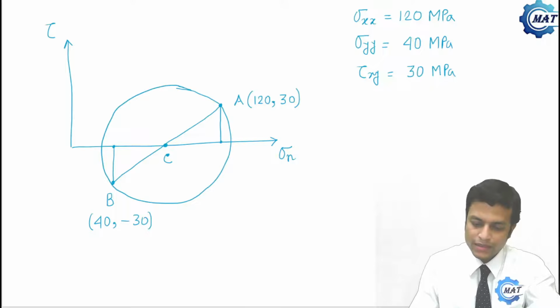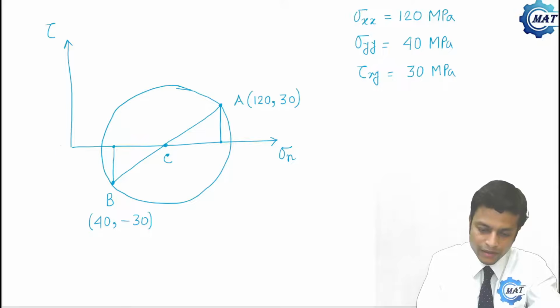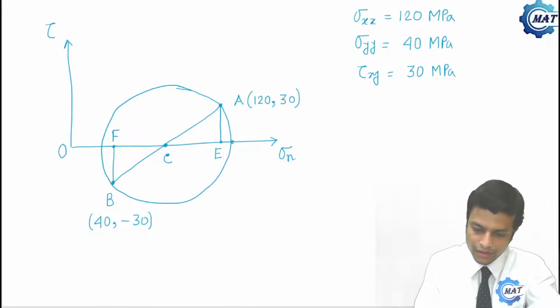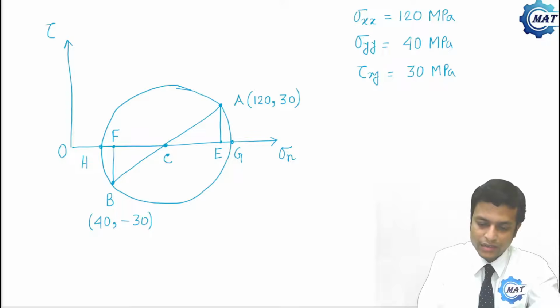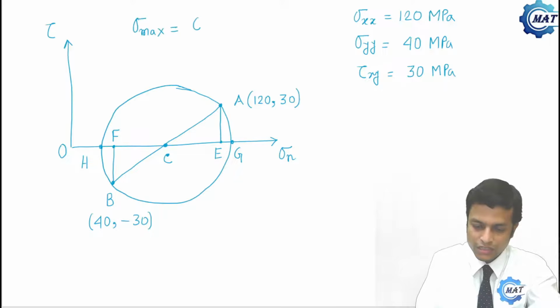Now which plane is the principal plane? Say this is O. First let me give the names. This point is E, this is F, this point is G, and this is H. Now the principal stresses are sigma max and sigma min. So sigma max is OG and sigma min is OH.